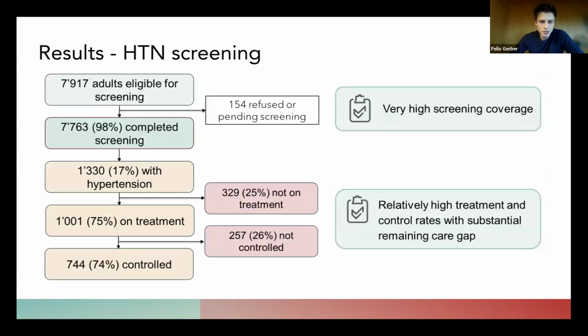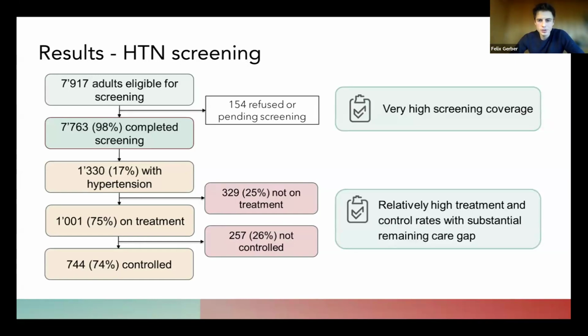And here just a few results. So you see that overall we had about 8,000 participants that were eligible for screening, and after about 6 months or 1 year, we had roughly 98% of them screened.